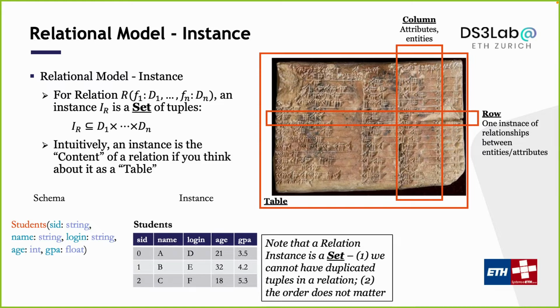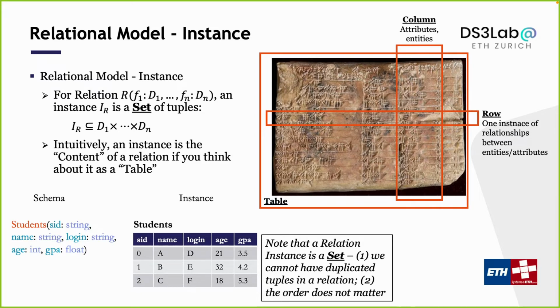So there are certain things we need to be a little bit careful about, and that goes into the difference between a relation and the table you see on a piece of paper. The first thing is that in the definition, the instance is a set of tuples, not a list of tuples. It means two things. The first one is that in our current definition of the relational model, we are assuming there are no duplicated tuples in a relation instance because it's a set.